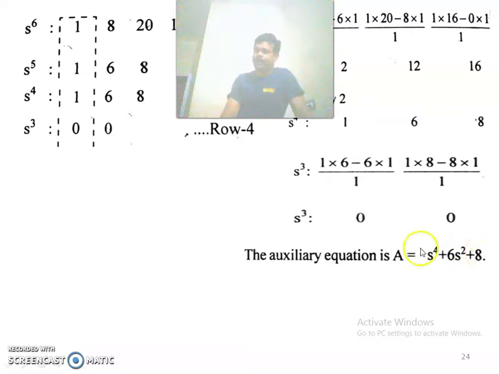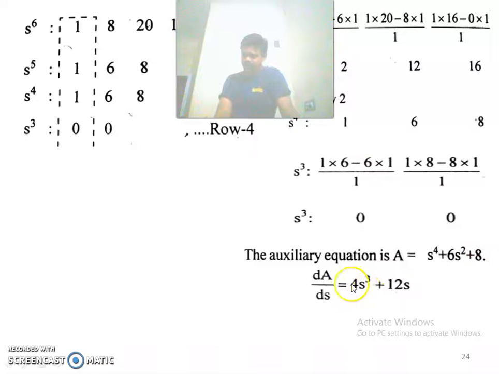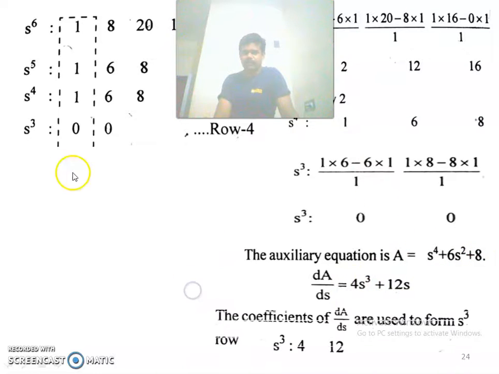Now we have to differentiate this A with respect to S. So dA by dS is equal to 4s cube plus 12s. The differentiation of the constant is 0. Now this value you have to enter in the place of S3, instead of 0.